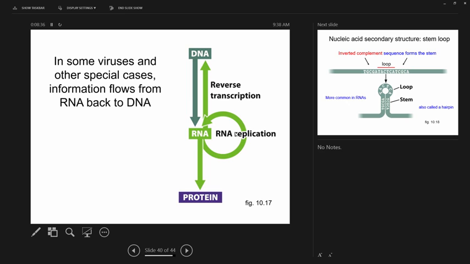But in that case, this part isn't going to be a gene, right? Or this part could be what is made into RNA.